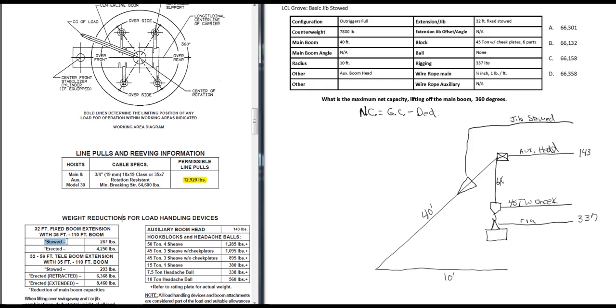And there it is right there, 267 pounds. Now we need to find the deduction for the 45-ton with cheek plates. And there it is right there, 1,095 pounds.